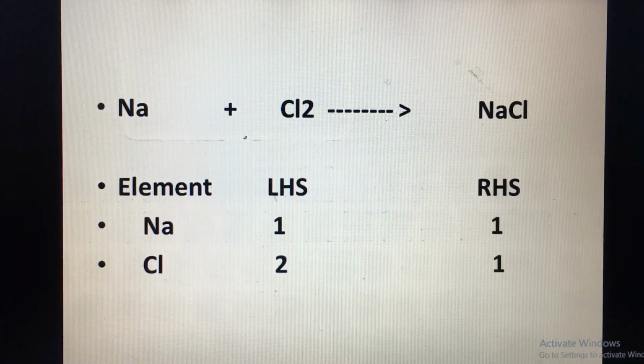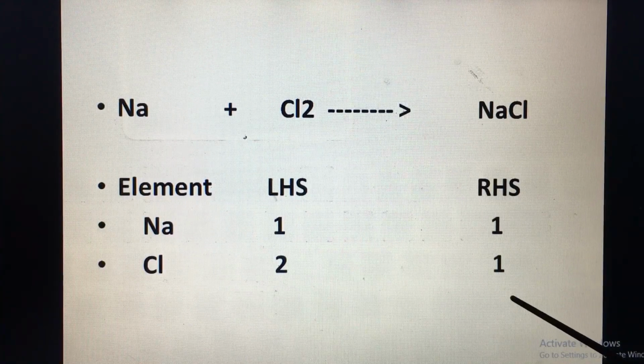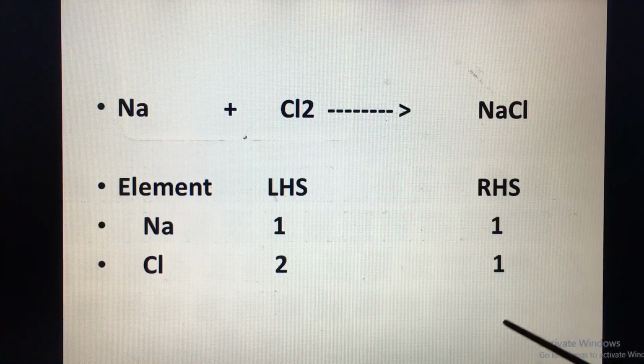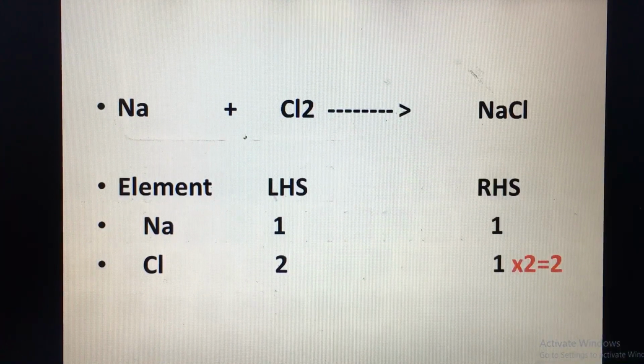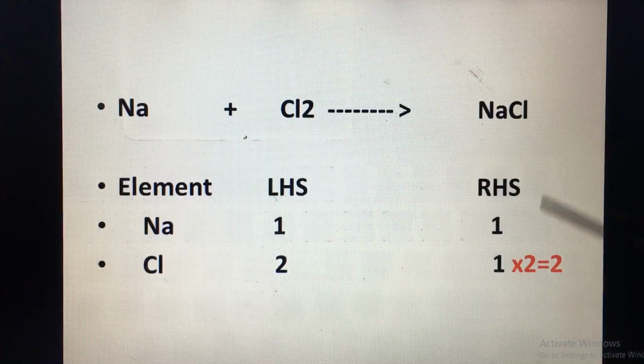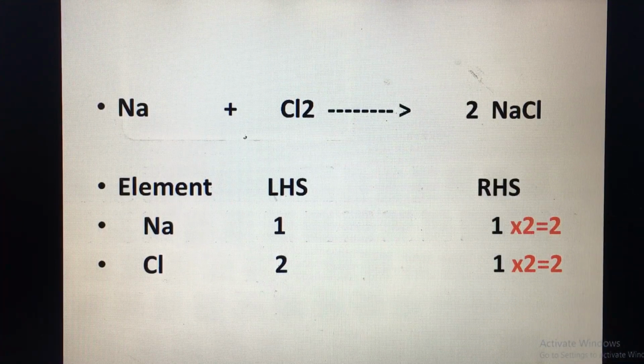So we need to balance this equation. Start with the element that is not balanced, and here we can see chlorine is not balanced. So to balance this we need to multiply by 2. So that will make 2 here, because we want 2 chlorine.